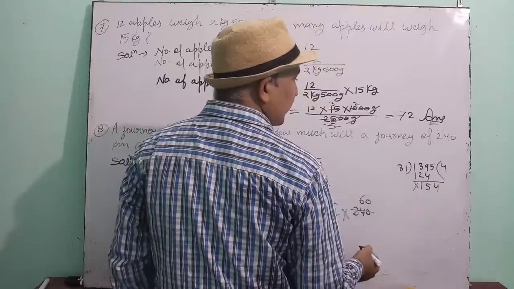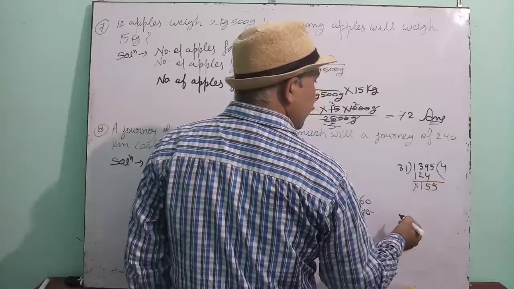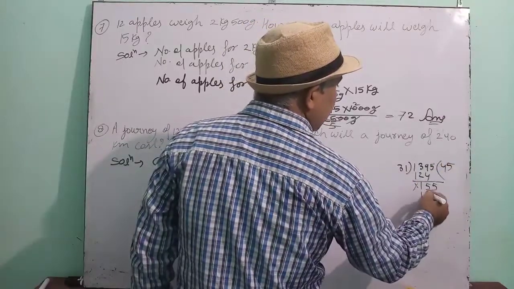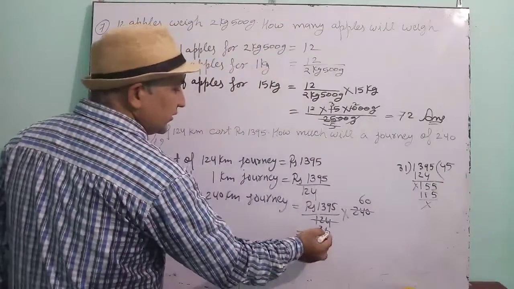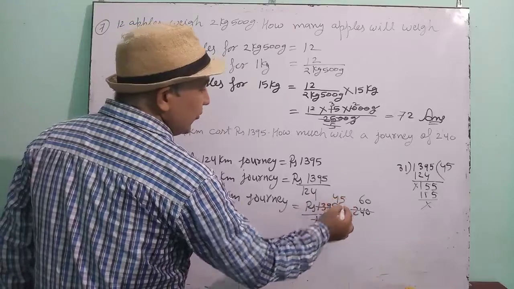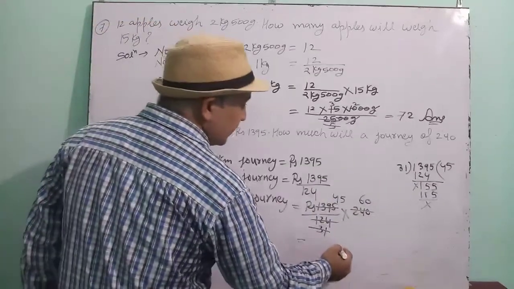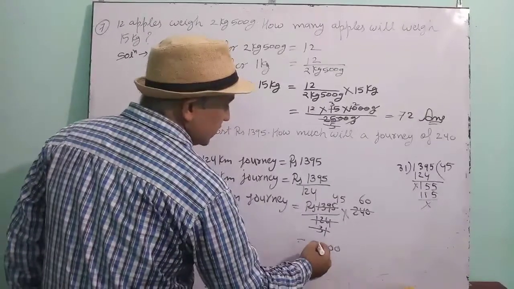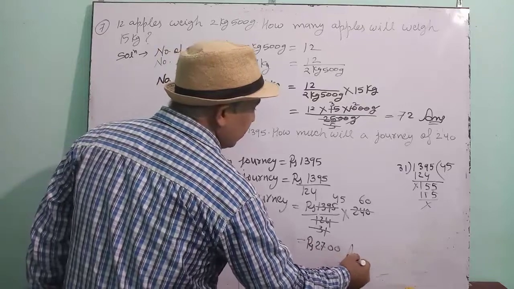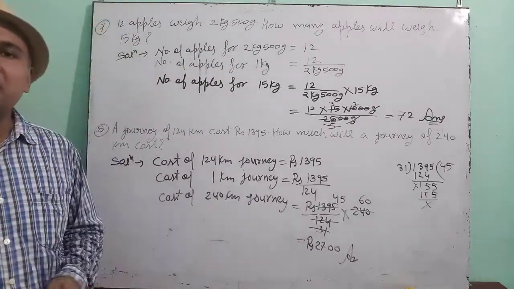Now 5 times, 5 into 1, 5 into 3. That means 31 is dividing 1395 by 45 times. Now multiply 45 into 60. 2700 rupees will be the cost of 240 kilometers journey.